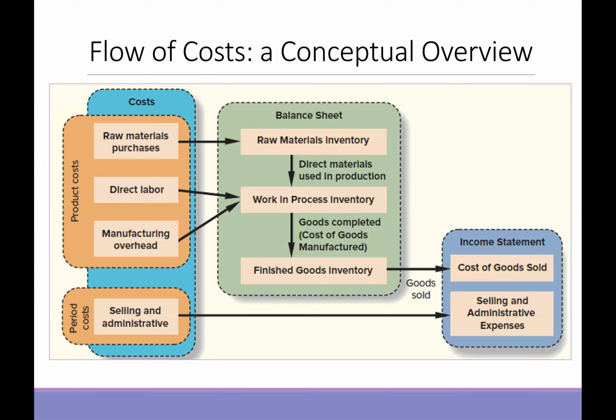But the product costs will always flow with the goods. And if they're in inventory, they will be an asset. Until they are actually sold, they will stay in the balance sheet. I just want you guys to understand this flow, really important. It does not get expensed until it's sold.